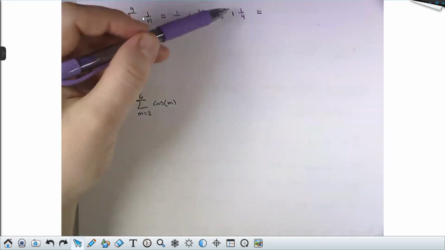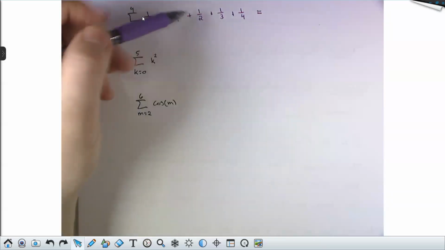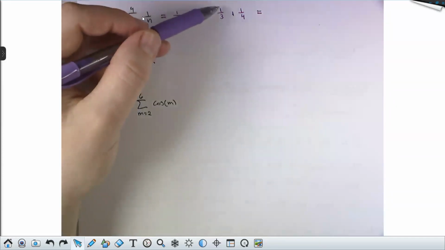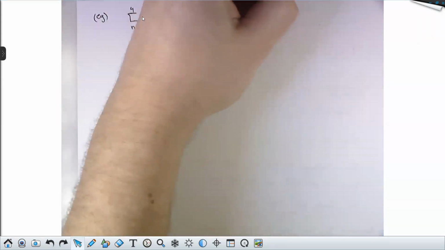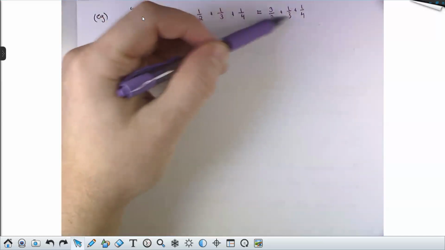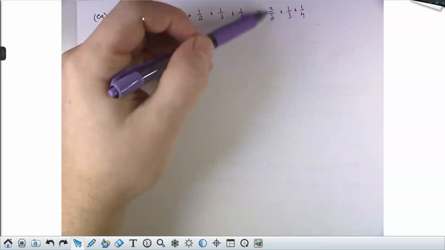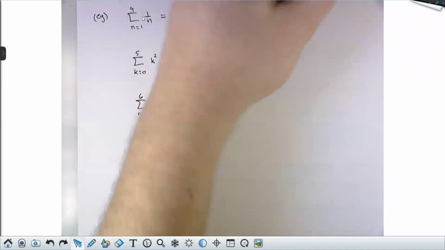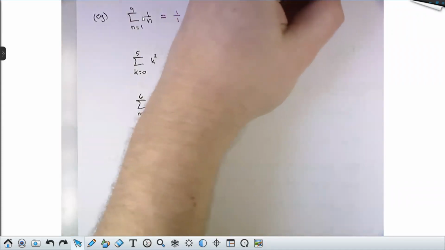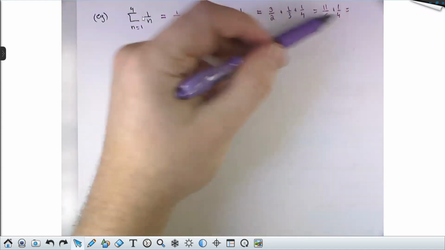Let's start back. Let's start here. This is 3 halves. 3 halves plus 1/3. I'll write it out. I'm not very good at arithmetic. 3 halves plus 1/3 plus 1/4. So if I needed a common denominator here, it would be 6. This would be 9/6 plus 2/6, which is 11/6. And I still have that 1/4. And then a common denominator here.